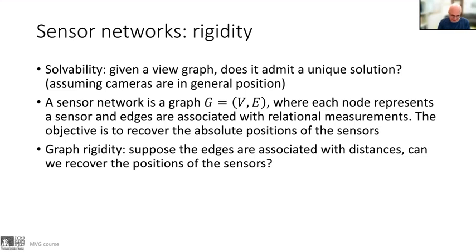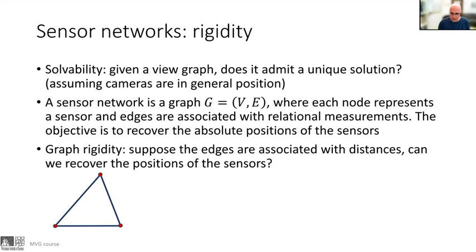Graph rigidity is the following problem. Suppose the edges are associated with distances. Can we recover the positions of the sensors? Here is an example. Suppose the graph is a triangle, and I give you the distances on the triangle. Can you know the absolute positions of the vertices?